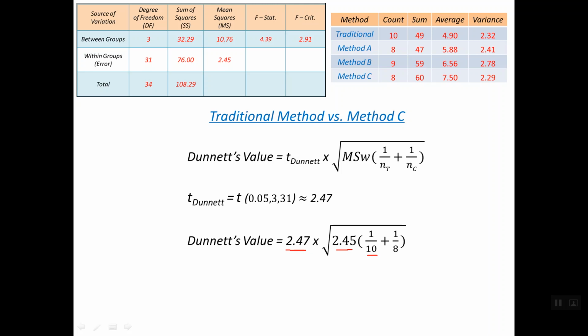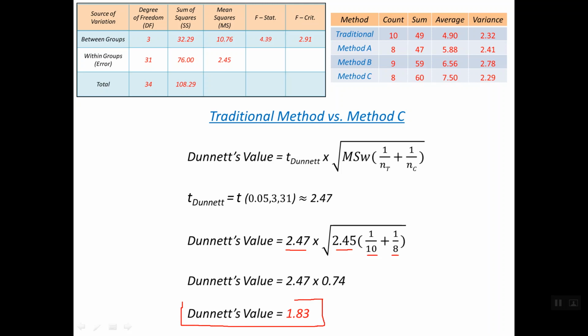This is the number of observations for the traditional method, which is the control one, and this is the number of observations for method C, it's 8. If you proceed, you will get the last value for the Dunnett's to be 1.83. Again, we need to compare this value for Dunnett's test, 1.83, with the absolute difference between method C and the traditional one.